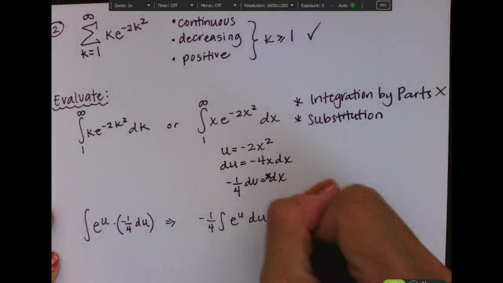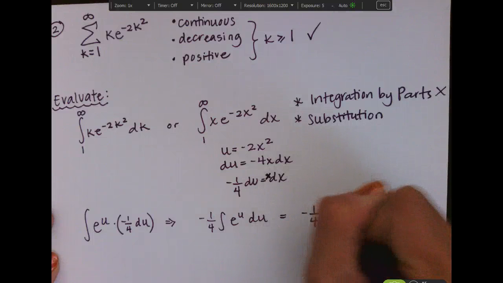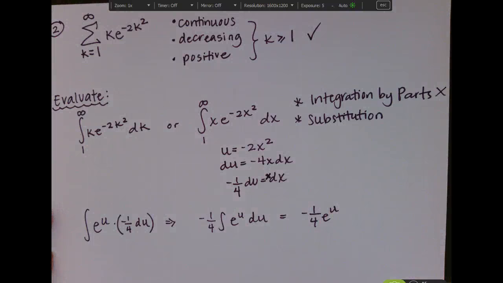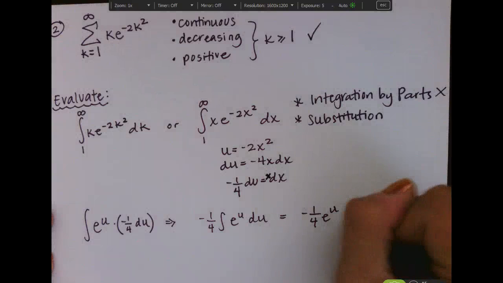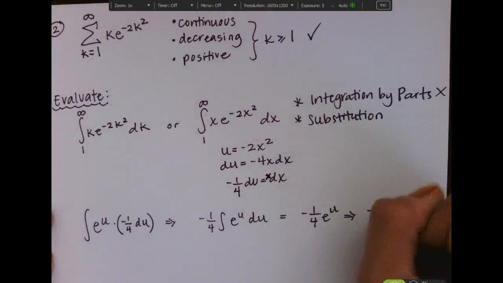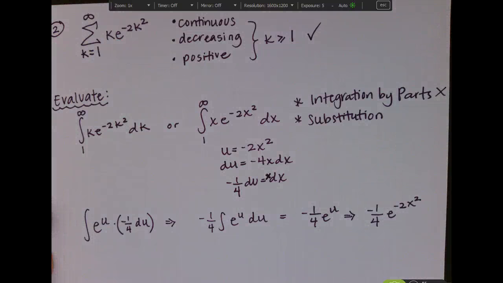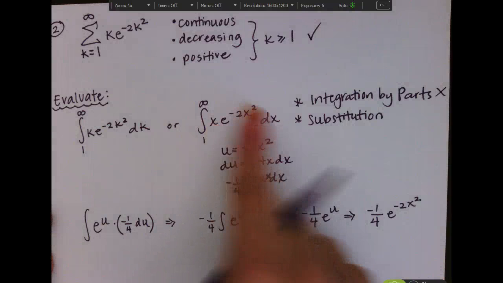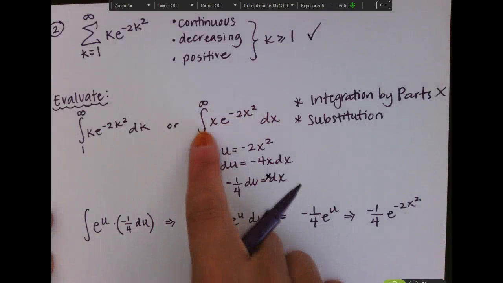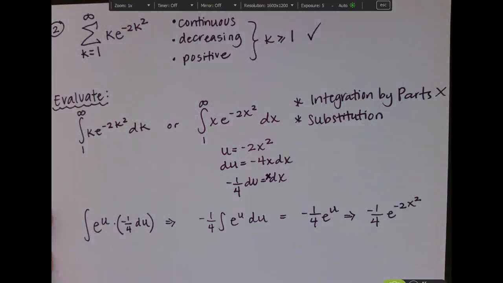That's really easy to integrate. We get negative 1/4 e to the u, and then let's resubstitute negative 2x squared. So that's what we get when we just evaluate this piece here without any regard to our limits of integration.